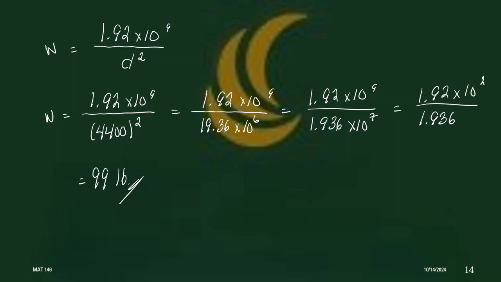So 2 Gs you can manage, 3 Gs you probably lose consciousness. Astronauts have to undergo that training so they don't lose consciousness. But even 5 Gs would be really tough. Take your weight and multiply it by 5. I don't think it would kill you, but it'd be very, very straining on your body.